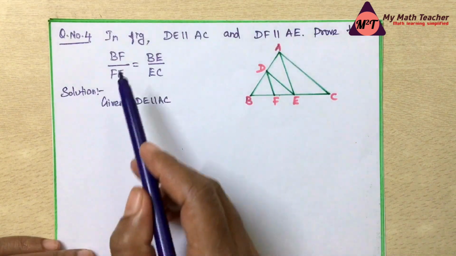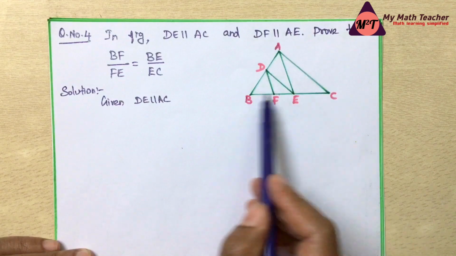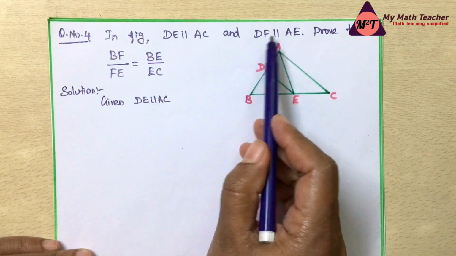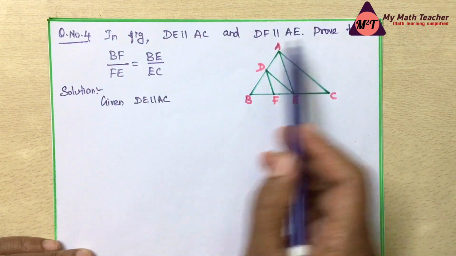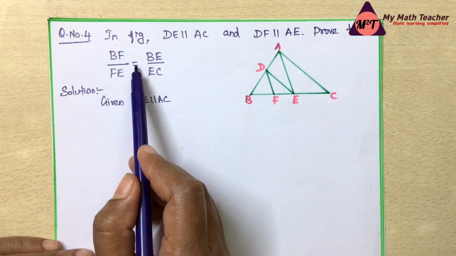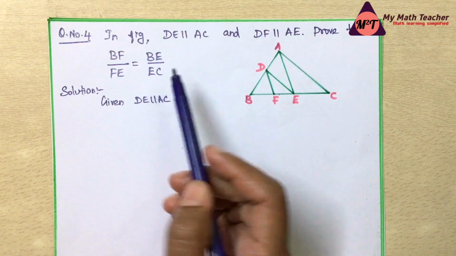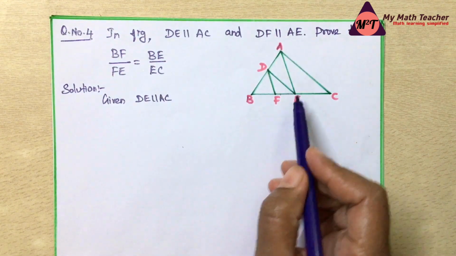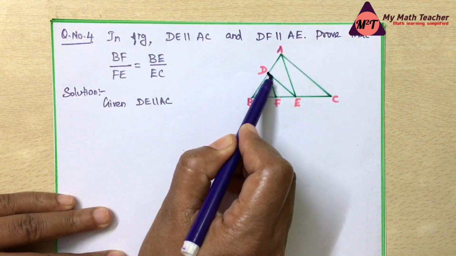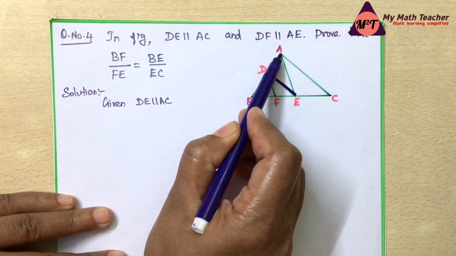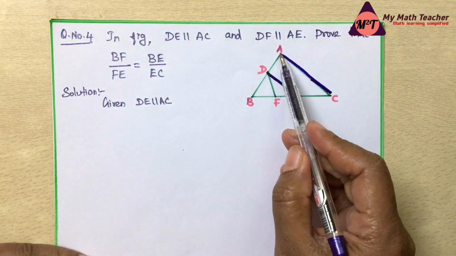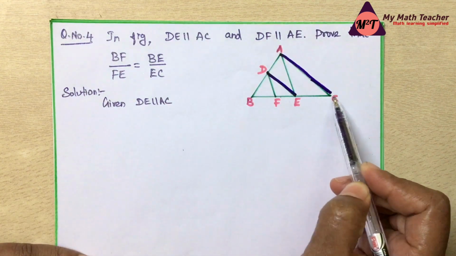Fourth question is, in the figure, this is the given diagram. DE is parallel to AC and DF is parallel to AE. Prove that BF by FE is equal to BE by AC. First of all, let us consider DE is parallel to AC. We will consider this triangle ABC.